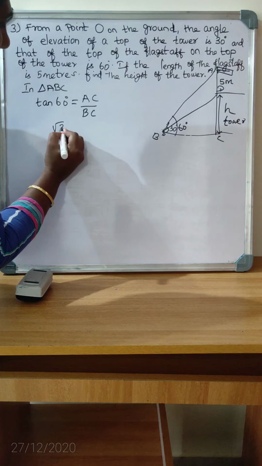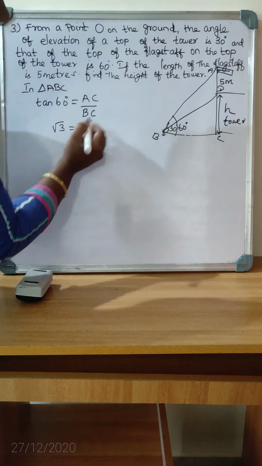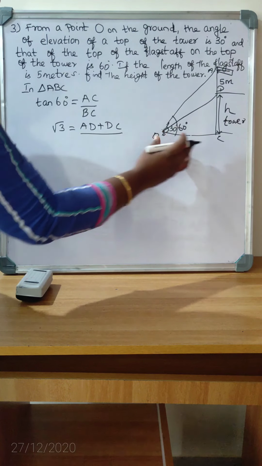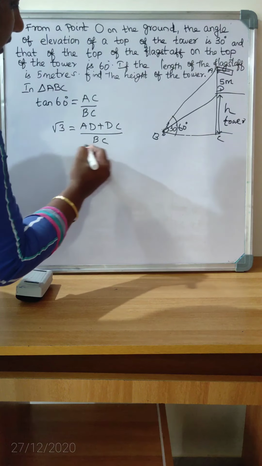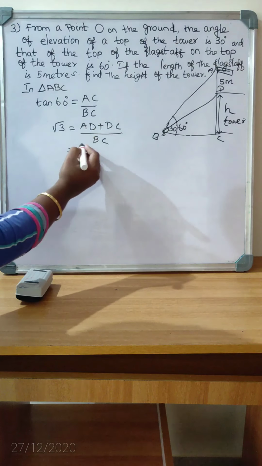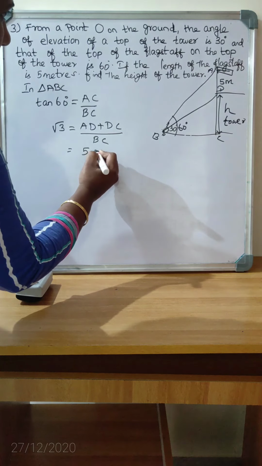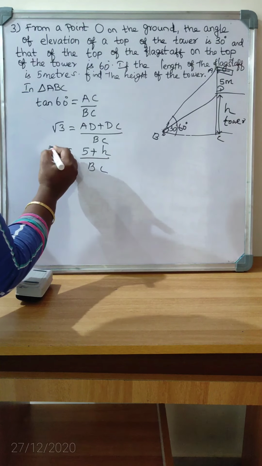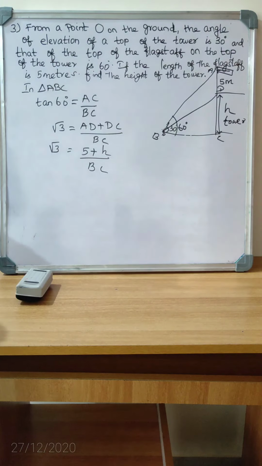Tan 60 value is √3. AC we don't know the value. So AC I am going to write as AD plus DC divided by BC. And we know the AD value, it is 5 plus H divided by BC equals √3.